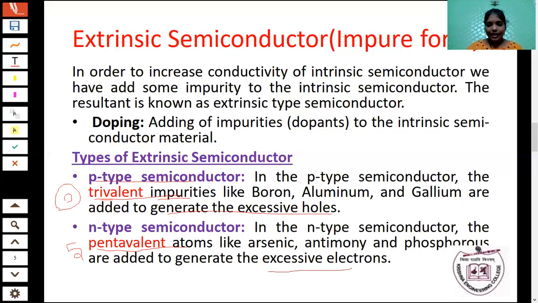In the p-type material, the majority carrier is holes. In the n-type material, the majority carrier is electrons.